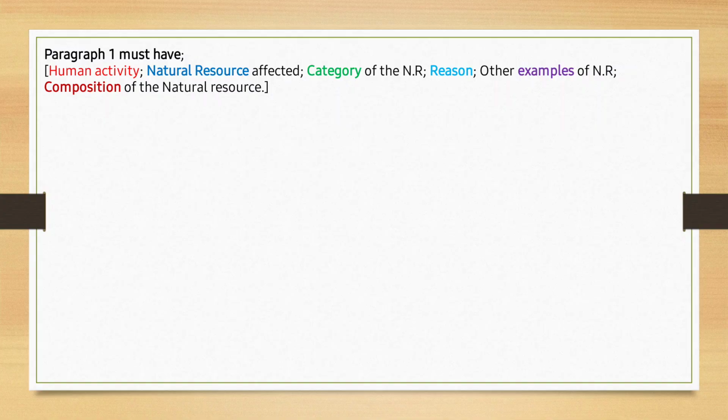So just like I said, our paragraph 1 must capture the human activity, the natural resource affected, the category of the natural resource and the reason, other examples of natural resource, and the composition of the natural resource. Okay, so we are trying to attempt or answer the previous item that we just saw.